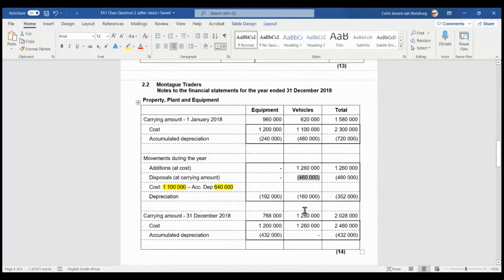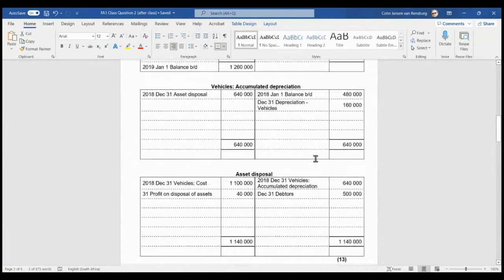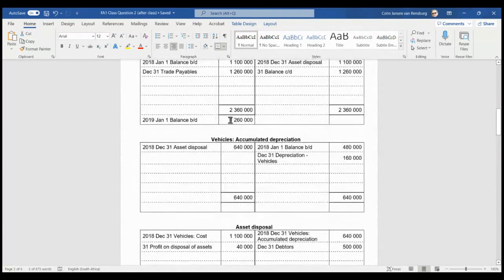Now it is simply a matter of adding everything up, ladies and gentlemen. Let's just start with the cost. We had 1.1 million cost. We took out that 1.1 million when we disposed of the vehicle, but we also added that 1.26 million when we acquired the new delivery vehicle. So what is the balance on that account? We can peek at it.